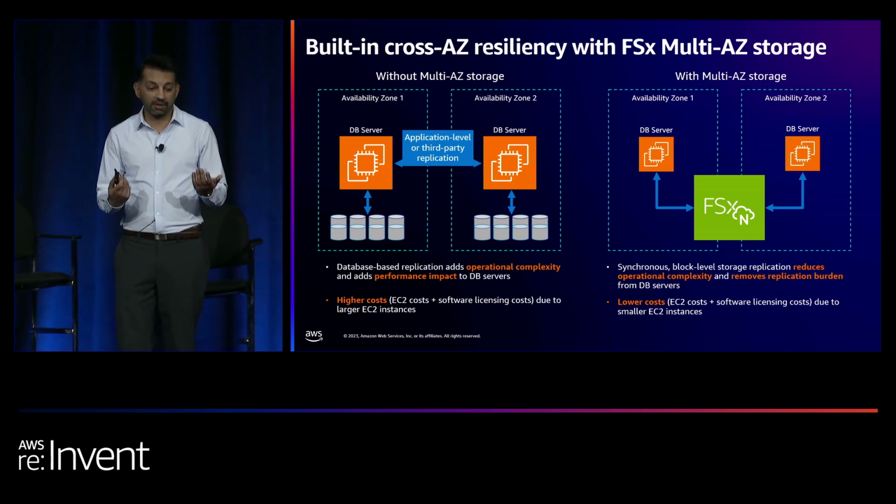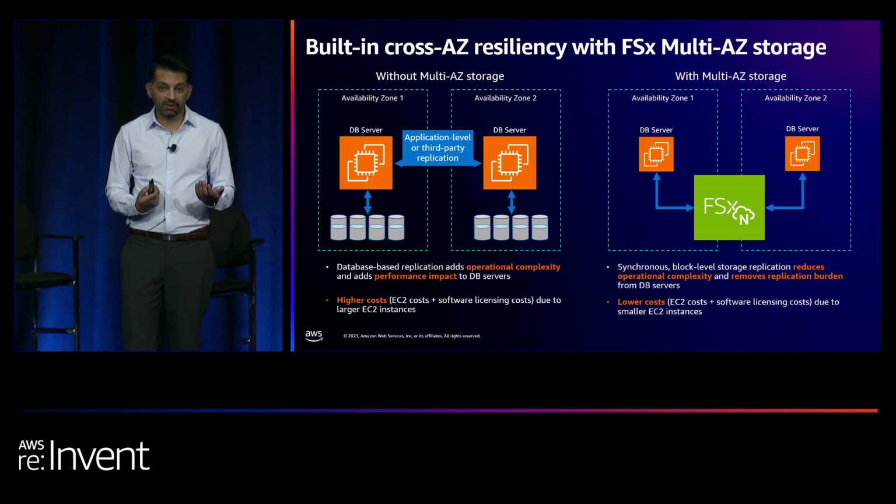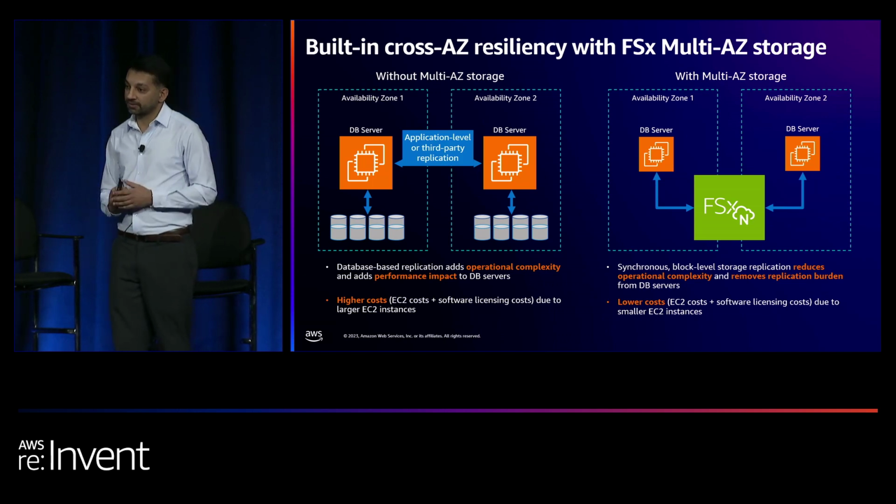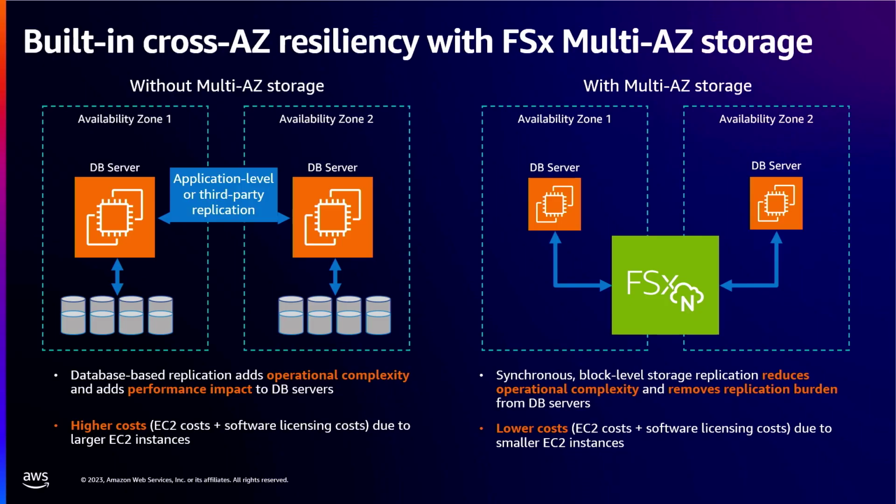For example, in a SQL Server environment, now you don't need to use enterprise licensing. You could deploy SQL Server with standard licensing, reduce the cost, lower the number of cores that you need in the EC2 instance, and still get that cross-AZ availability to ensure that the storage is there for the most demanding applications that need the most uptime.